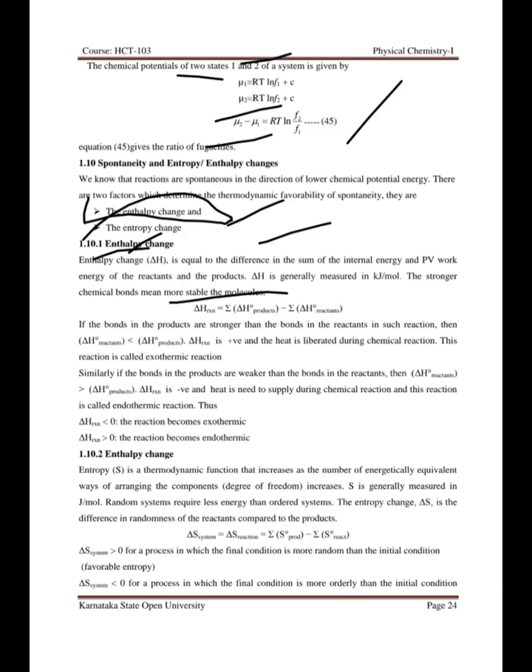Here it can be written as delta H of the reaction is equal to the summation of delta H naught of products minus delta H of reactants. So if you substitute, you are going to get the enthalpy change of the system. When you subtract the reactant from the product form, you will get to know the enthalpy change.